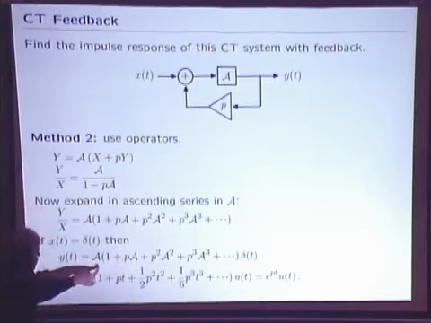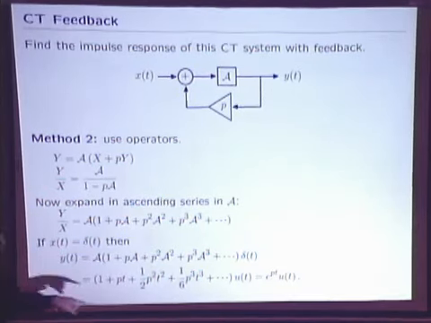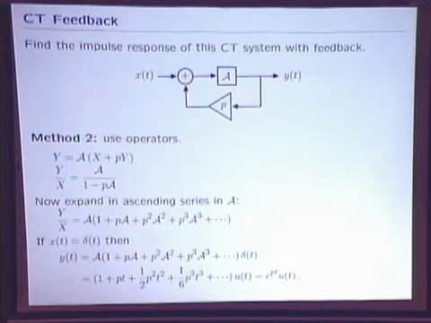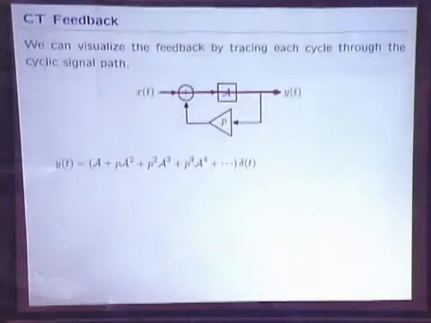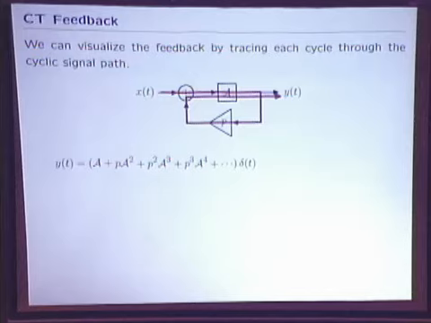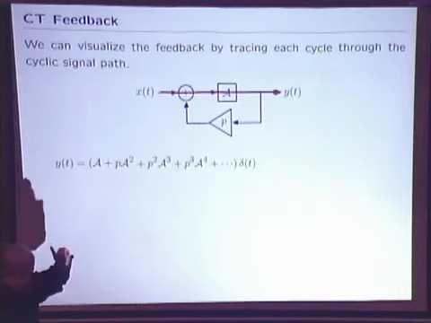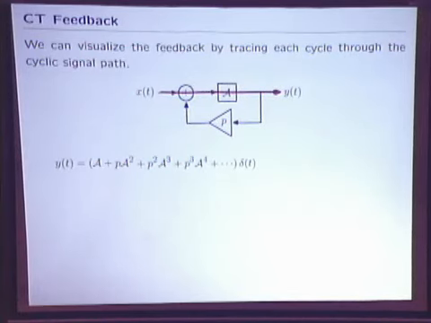The p squared a cubed turns into half p squared t squared u, etc. So what I've done is I've thought of a way of constructing this output signal from the input signal without ever using calculus. Okay, I started with a solution based on 1803 that's strictly calculus. I just redid the whole problem and didn't use any calculus.